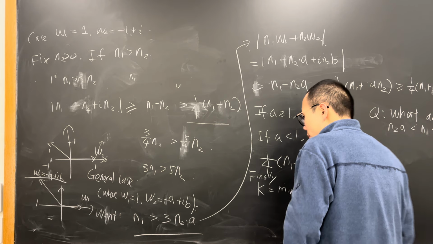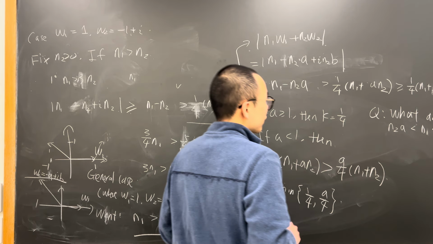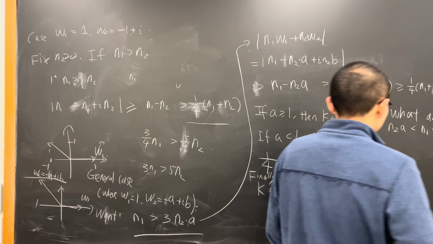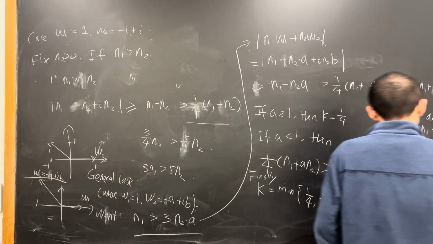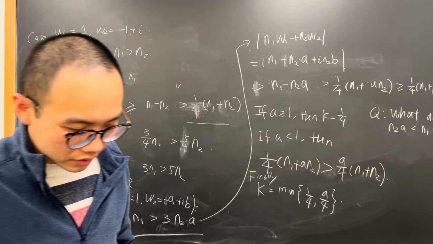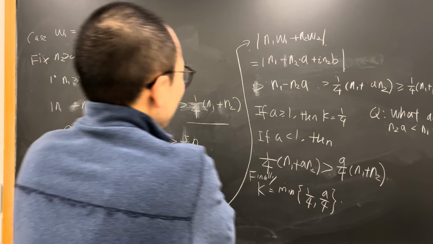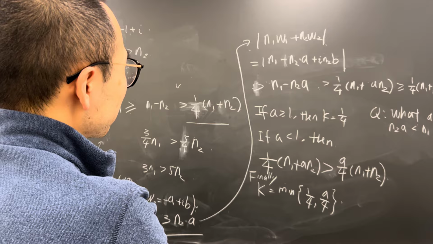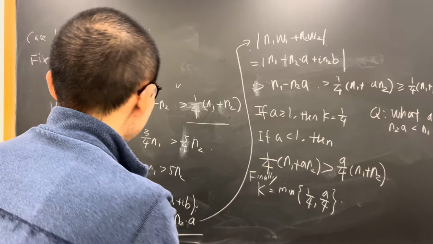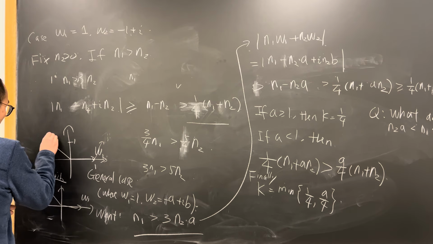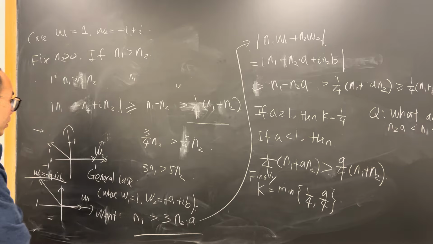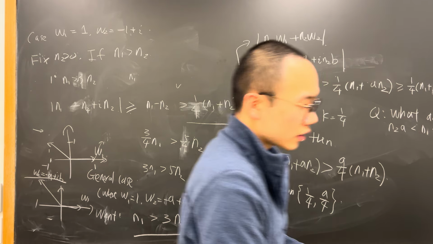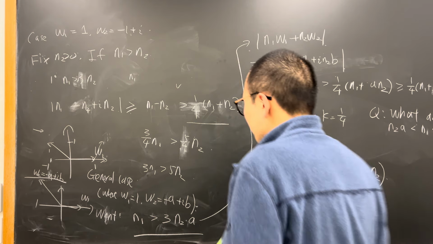So what happens if this N1 lies between this N2A and 3N2A? What happens if it is true? So what is the constant here? I think the answer might be similar to this case.